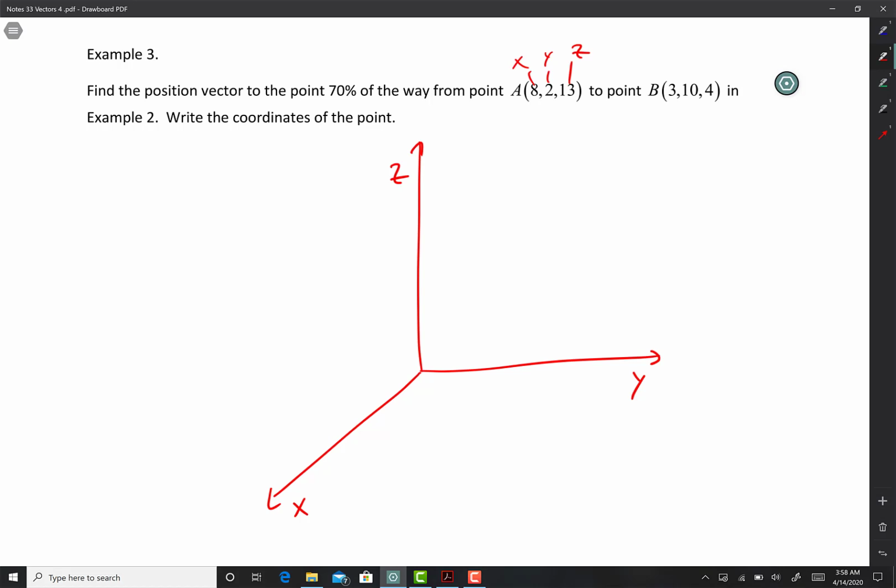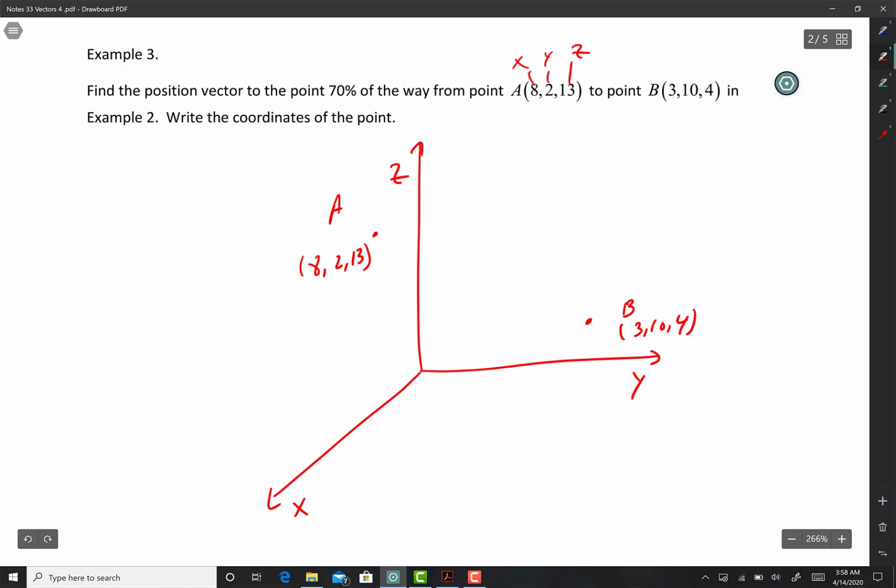So again, point 8, 2, 13. I'm not trying to be perfect, but more or less, just make a little estimate there. 3, 10, 4. So there's B, and that's 3, 10, 4.